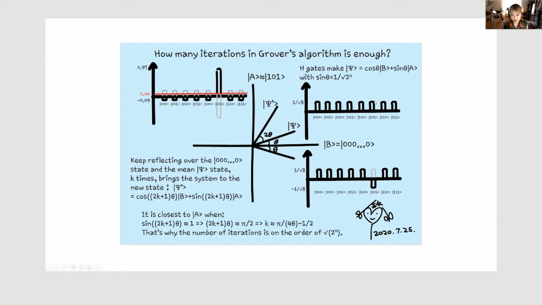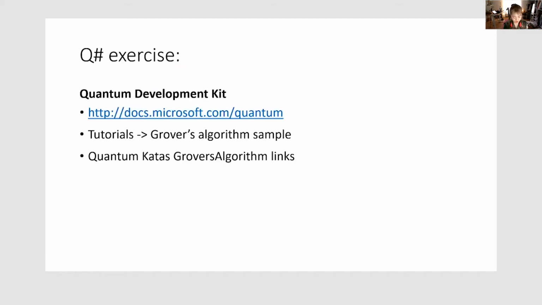So we already know theta right here. You just plug it in and you see it will be on the order of 2 to the n for k. And there's also an approximation here: when the angle gets really small, sine theta is the same as theta. So sine theta when n is very large is very close to 1 over 2 to the n, and that's why theta will be very close to 1 over 2 to the n. Yeah, so there's this kind of proof here, which is really cool.